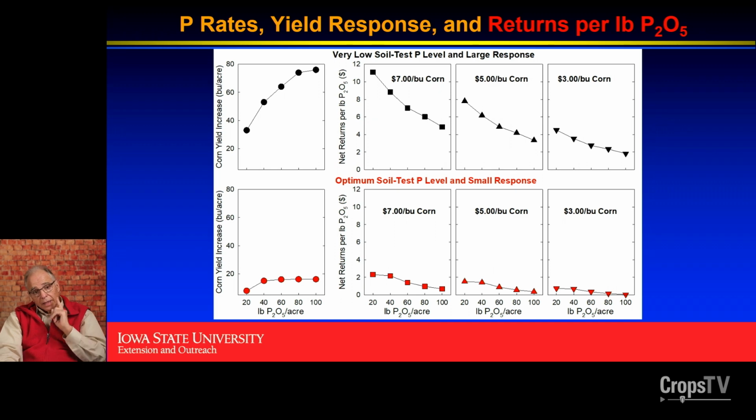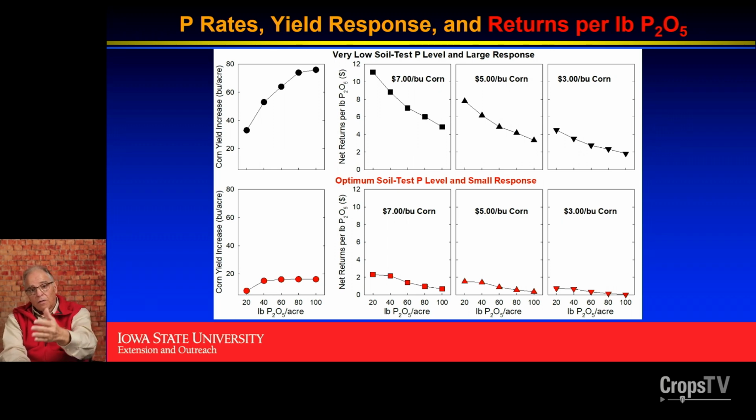But this is the other side of the coin. Here is the same yield that we showed before, the same example. But now the returns, the 3 scenarios in terms of return, are returns per pound of P2O5 applied, you see? And then in the very low, if you apply higher rates, the returns per pound go down, see?